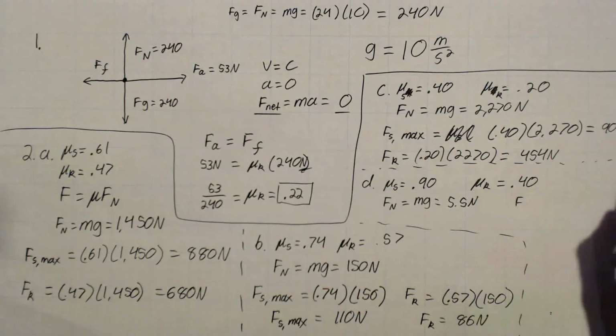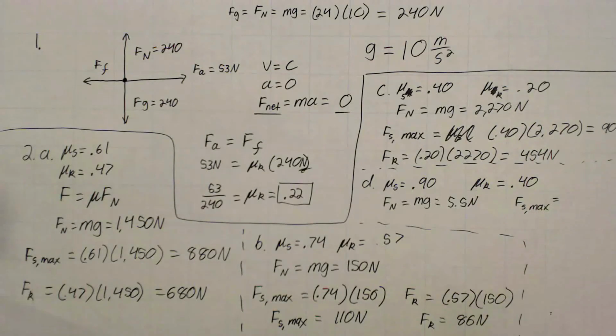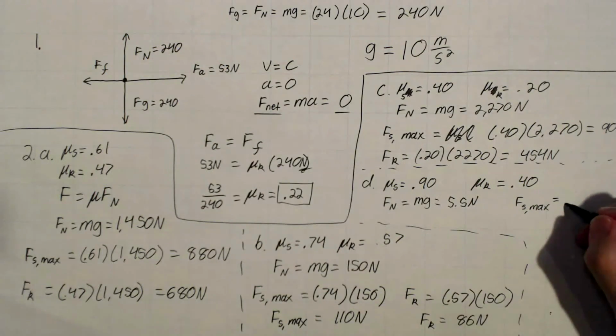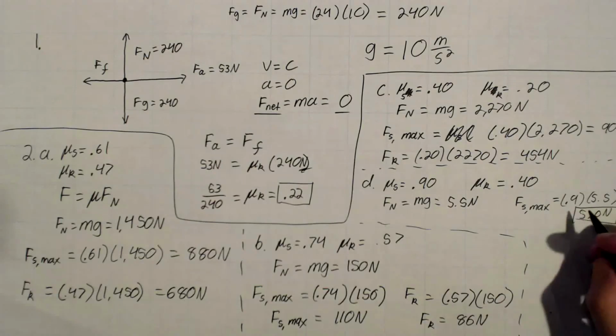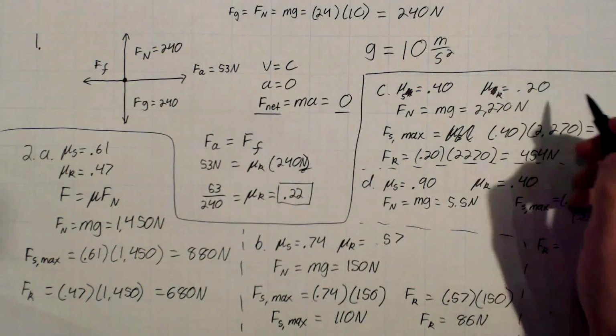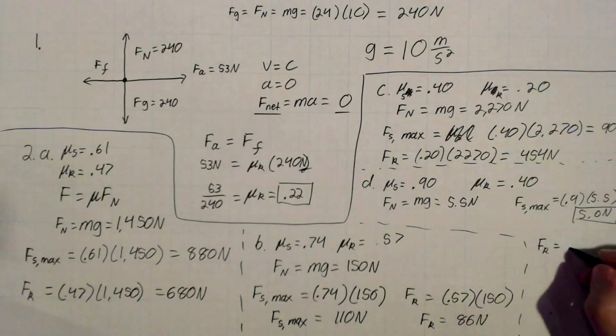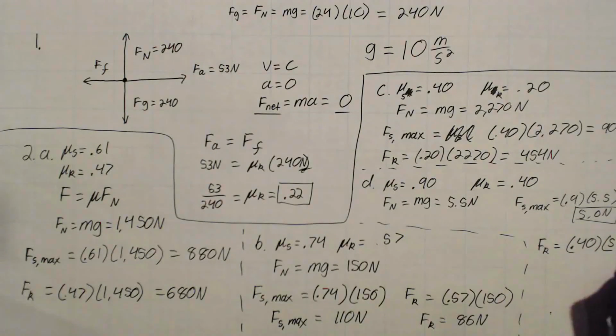So for our static max, it's going to be 0.9 times 5.5, which will give us 5.0 newtons. And then for our kinetic, I'm going to multiply this kinetic coefficient times 5.5.